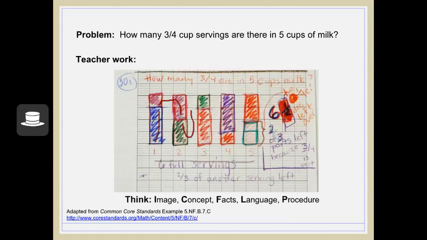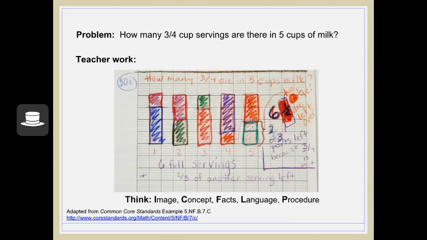Here's another 3/4 of a cup, right, those 3. Here's another 3/4 cup. Here's another 3/4 cup, and a fifth 3/4 cup serving is made up by those 3 sections. And what's left over are 2 sections, 2 quarters of a cup.